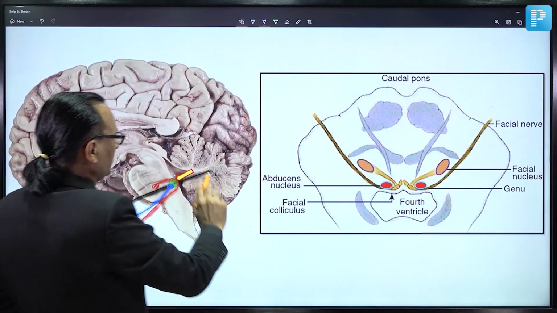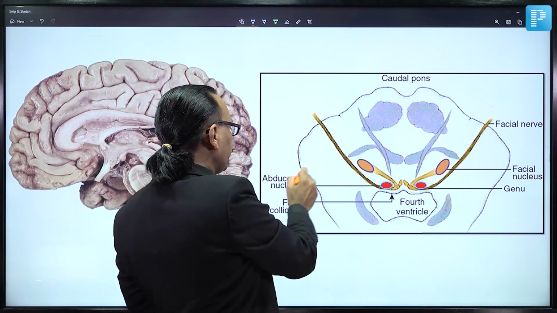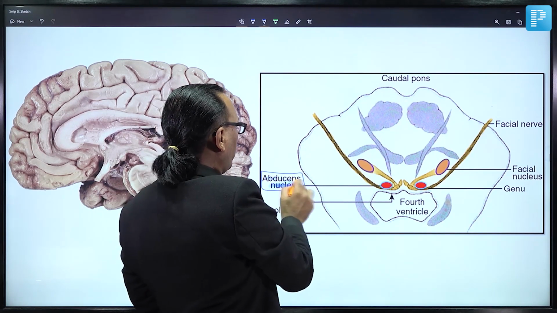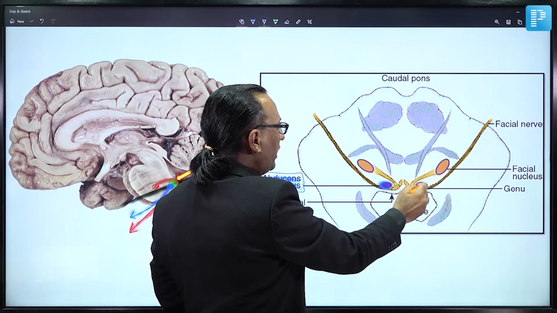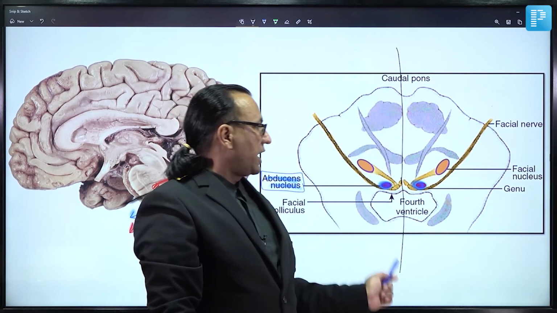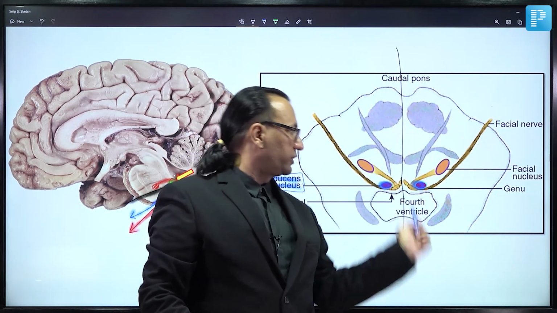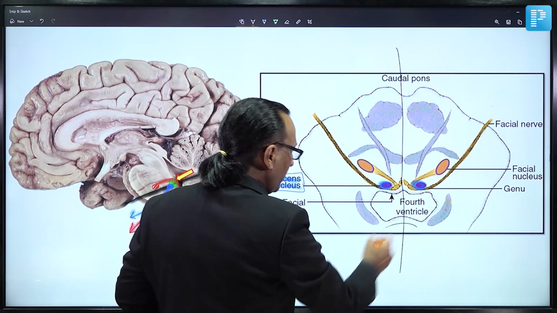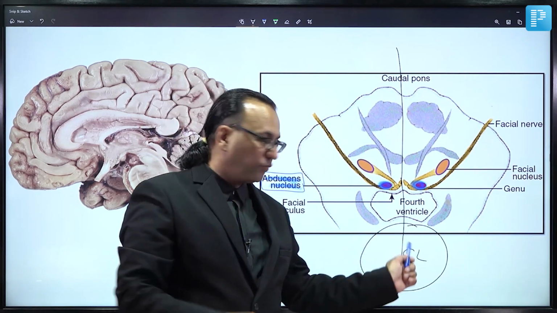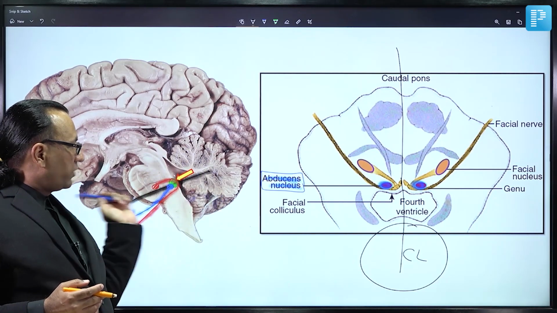This transverse section you can now discuss here as well. You see the abducent nucleus here at the floor of the fourth ventricle, on either side of the midline. We have taken this section at the caudal pons or lower pons. This is anterior, this is posterior. Posteriorly we will have the cerebellum here as the roof of the fourth ventricle, and at the floor you have the lower pons more anteriorly.